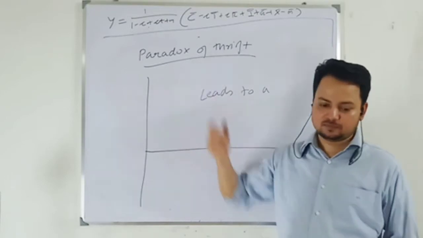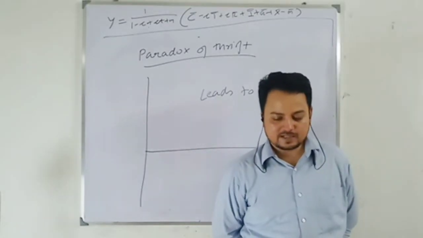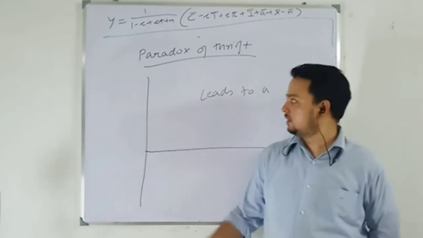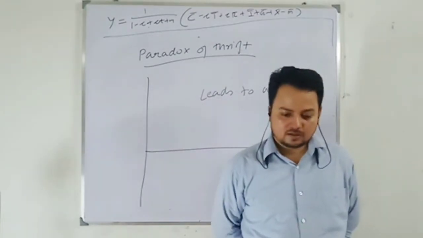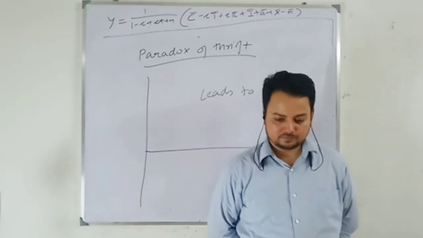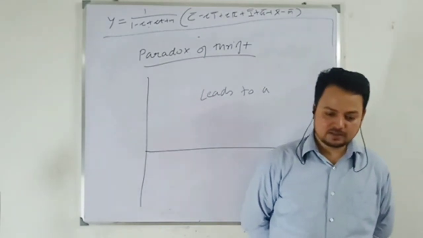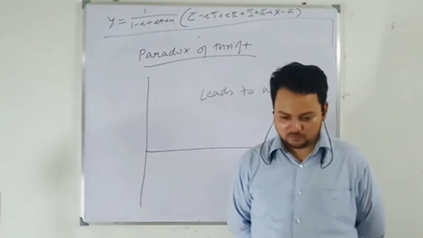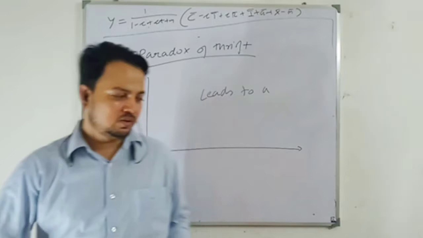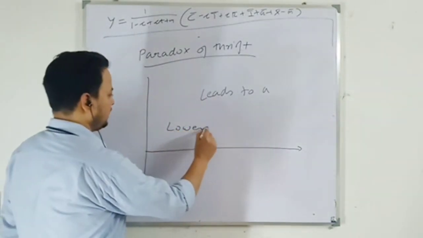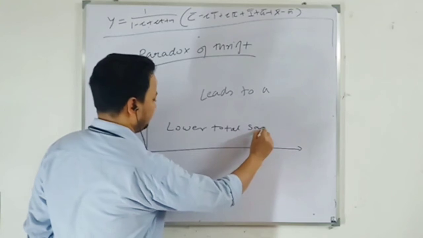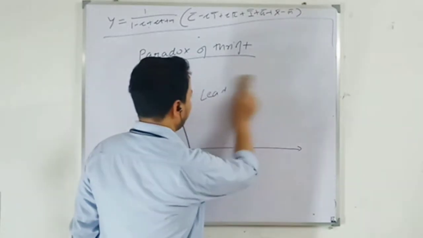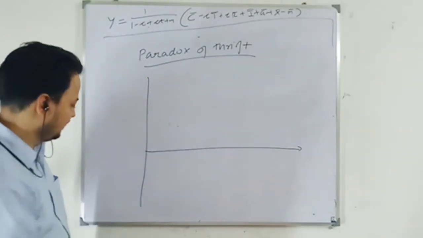Paradox of thrift, or you can say saving, states that an increase in autonomous saving leads to a decrease in aggregate demand and thus a decrease in income, which in turn lowers total saving.